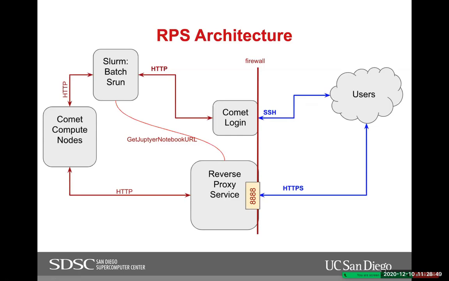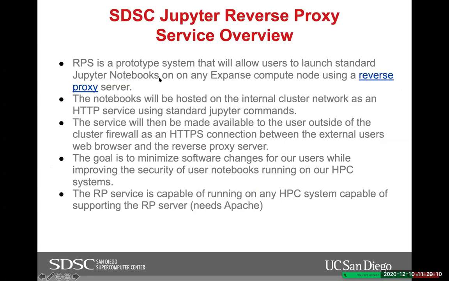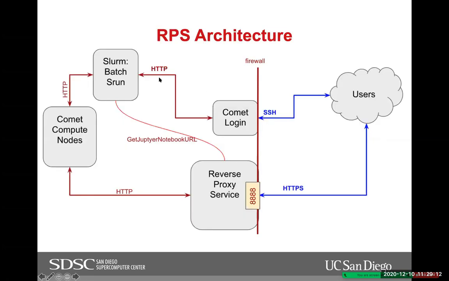So you log on, you check out the repo and run a start notebook, start Jupyter script, and the script does some communication for you. It communicates with the reverse proxy server here. It gets a token back and creates a URL for you to use here, and submits a job to the batch scheduler to get an interactive node.